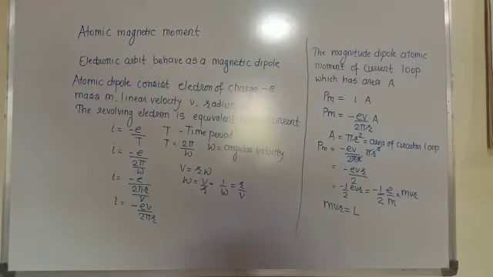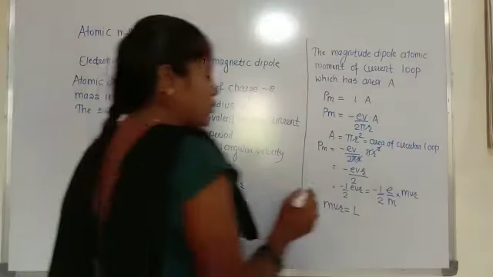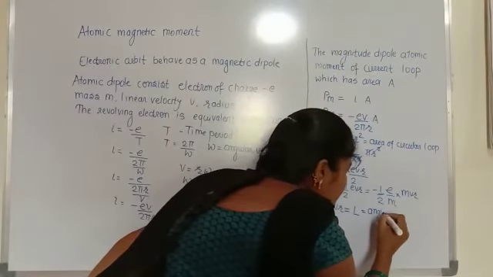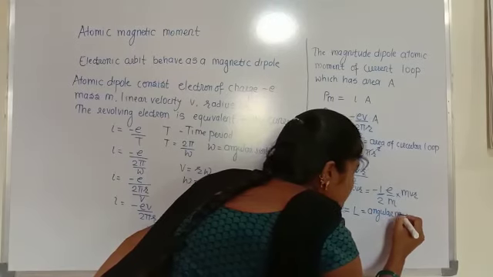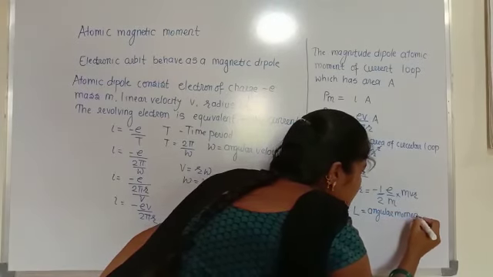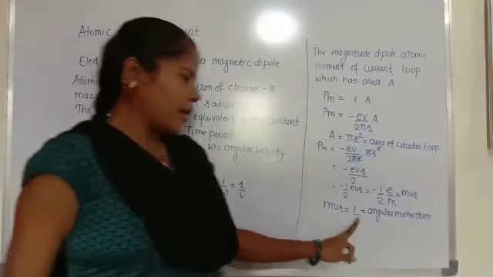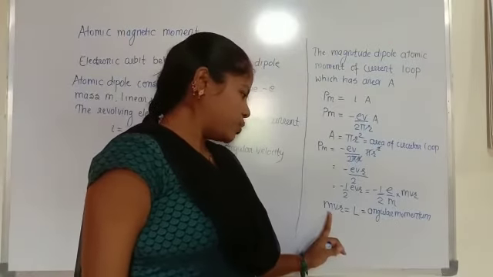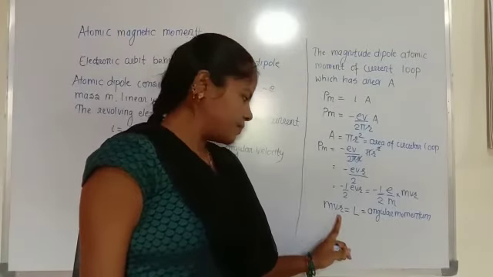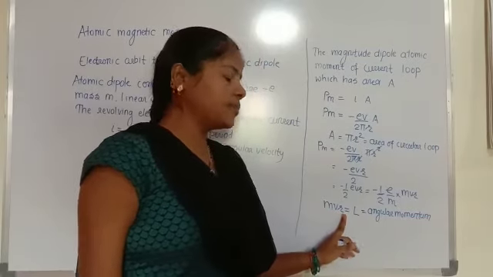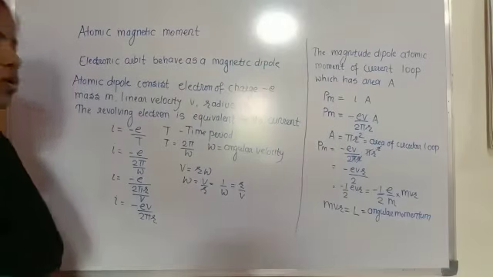This L is nothing but the magnitude of angular momentum. Here capital L is the angular momentum, where m is the mass of the electron, v is the linear velocity, and r is the radius of the orbit around the atomic nucleus.